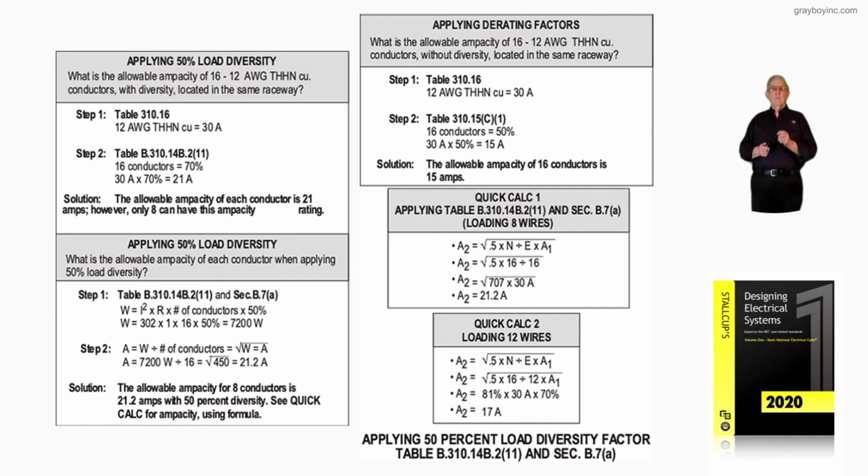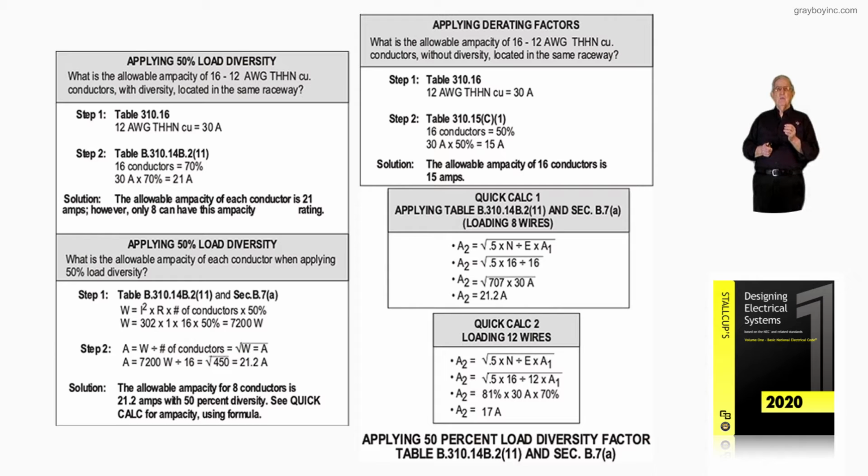B.7(a), notice that we have A2 listed as a formula, and in the square root we have 0.5, 50%, times the new number divided by E times A1. Now let's look at exactly what that means.